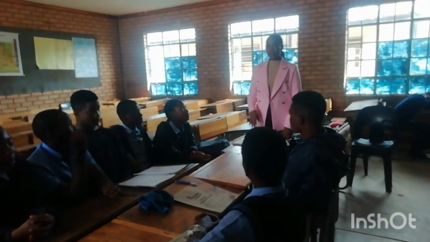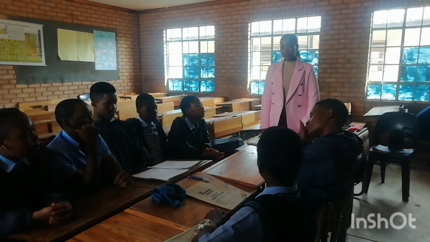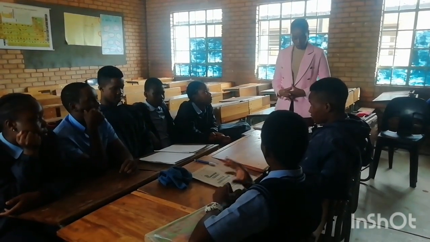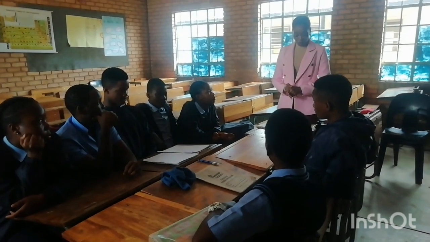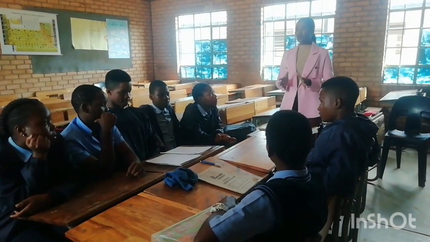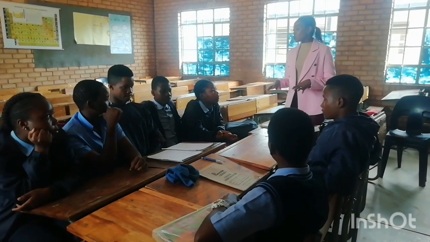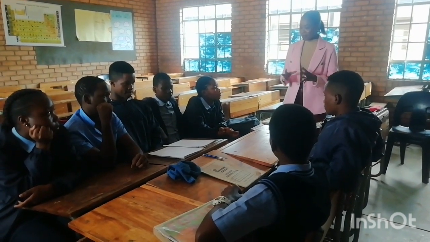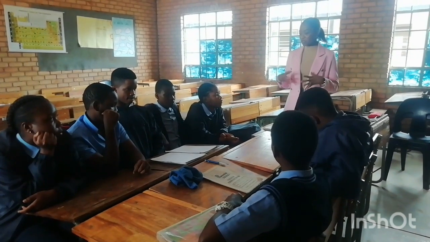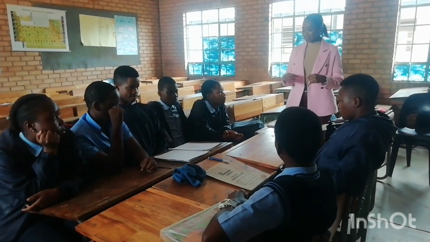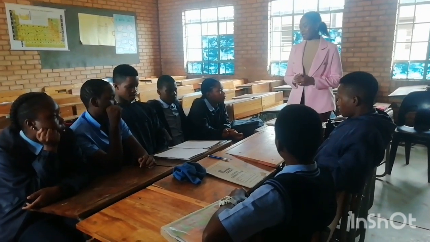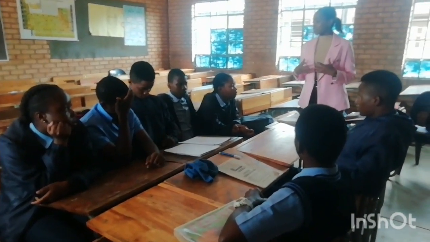Okay, now it's time to watch the video of the anatomy of the dicotyledonous plant. After watching the video, you are now going to discuss amongst each other what you understand. I want you to learn from each other. Discussion is more of learning from each other, and it helps even with self-esteem.